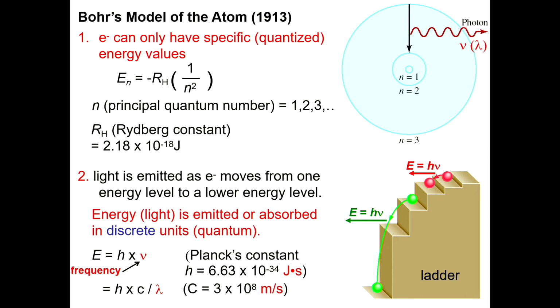It can't just stay between the orbitals, no. Okay, so this is also called quantum, or discrete unit. And we also can calculate the energy difference, the energy that the electron released or absorbed.